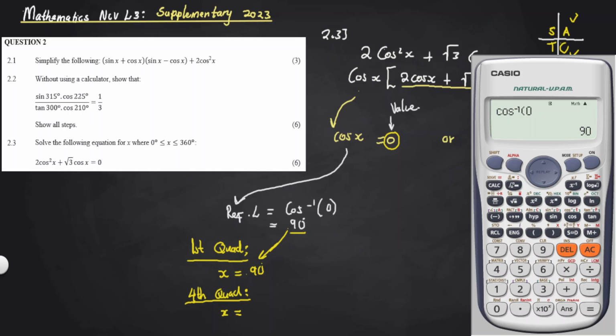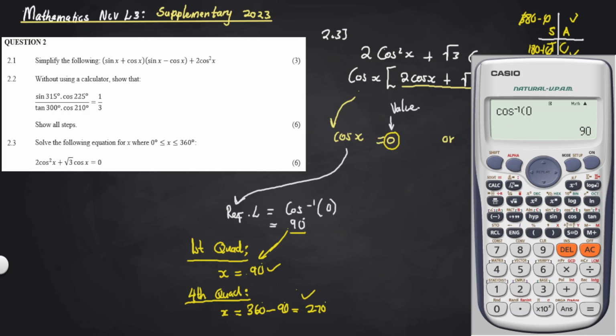So in the fourth quadrant, there's a reduction formula: 360 minus theta, 180 minus theta, 180 plus theta. On the fourth quadrant, it's 360 minus 90. Answer should be 270. So these are the first two solutions for this equation.